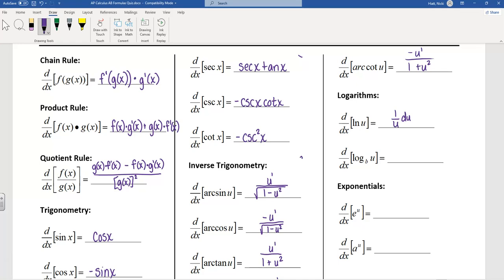For log base b of u, you are going to get 1 over u natural log of b times du, or I could be calling that u prime, either one there.